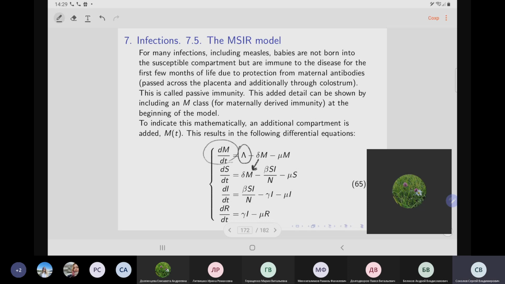And where is negative mu m? Negative mu m. So they just become susceptible.